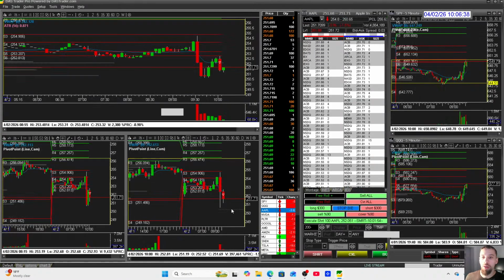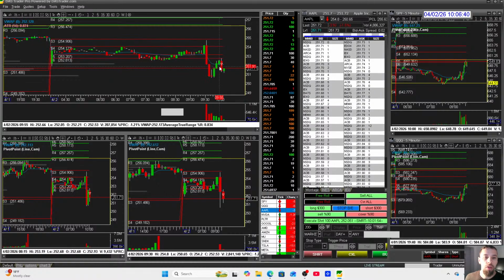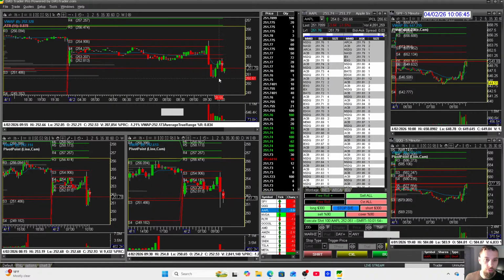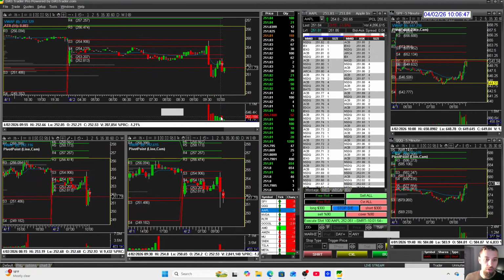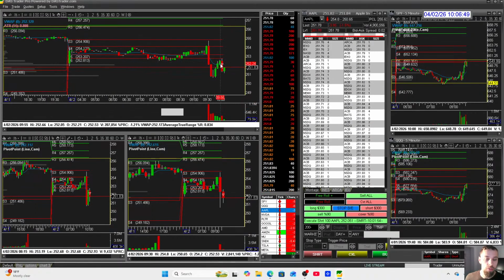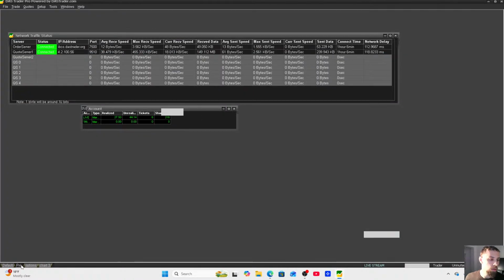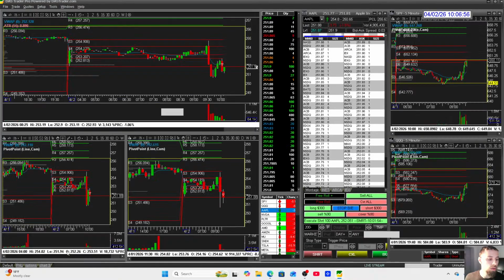Still in Apple, guys. The 5-minute looks good to me. Hopefully for a continuation down, you can see it's decent volume with big red candle. Okay, our ping's good.